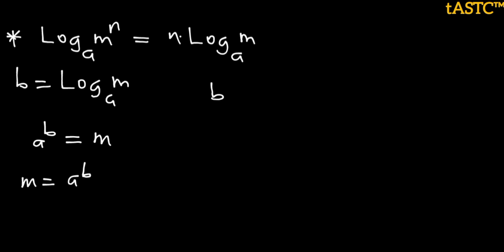That was actually the power of the m. So in this case, we're going to take the power of n to both sides. So that is going to be m to the power of n, and that is going to be a to the power of b, all to the power of n. And then now we're going to have m to the power of n, and here we're going to have a to the power of b multiplied by n.